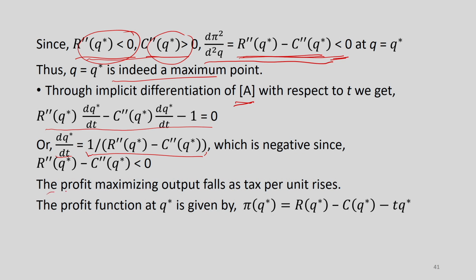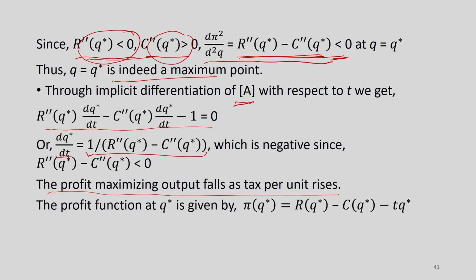Okay, that is what I have written here: profit maximizing output falls as tax per unit rises.